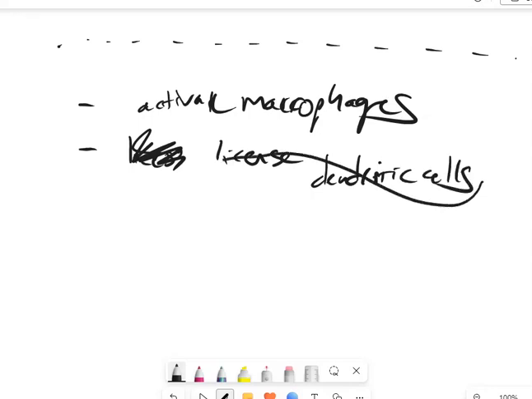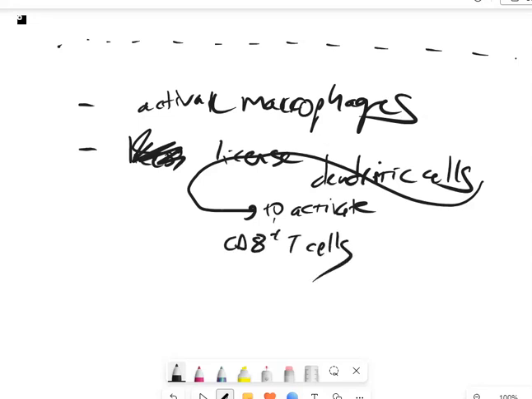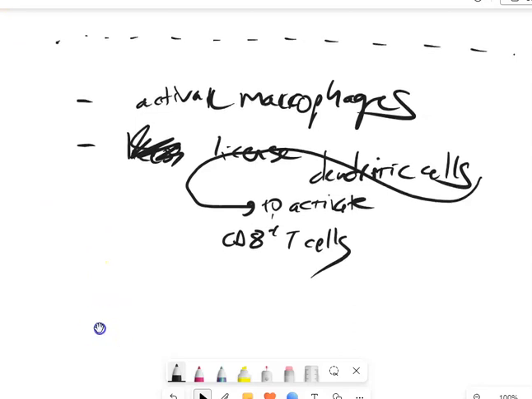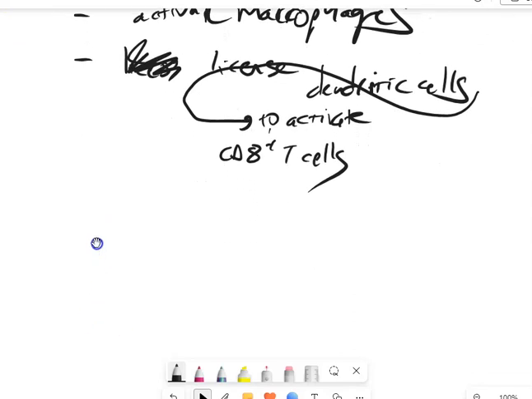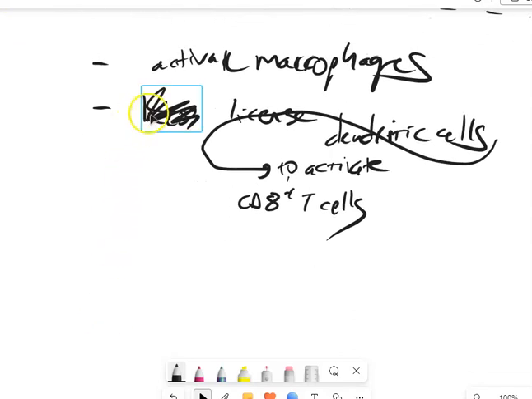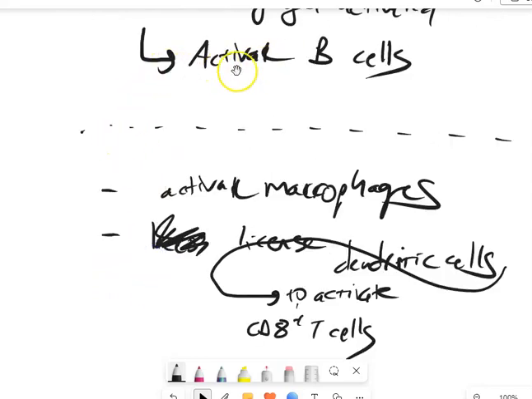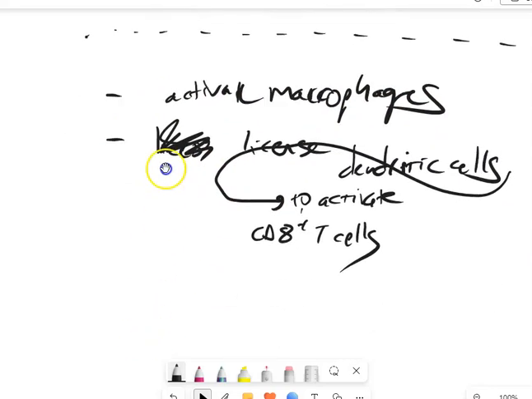And that allows the dendritic cell to activate CD8 positive T cells, which will become cytotoxic T cells. So that's a whole big deal. Without helper T cells, we don't get plasma B cells or activated macrophages or cytotoxic T cells.